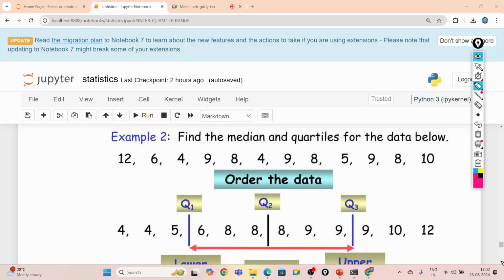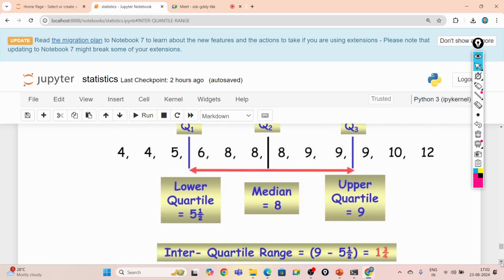So 6 plus 5 divided by 2 gives you 5.5, and the upper, 9 plus 9 divided by 2, is 9, and the median is 8 plus 8 divided by 2, that is again 8. So what is your interquartile range? It is Q3 minus Q1. So Q3 is 9 minus Q1 which is 5.5. So that value comes out as 3.5 in this way. Okay?